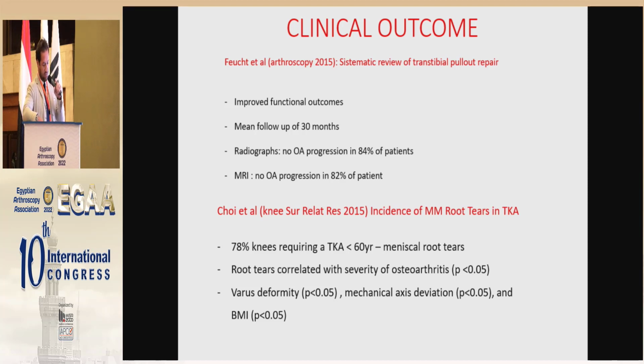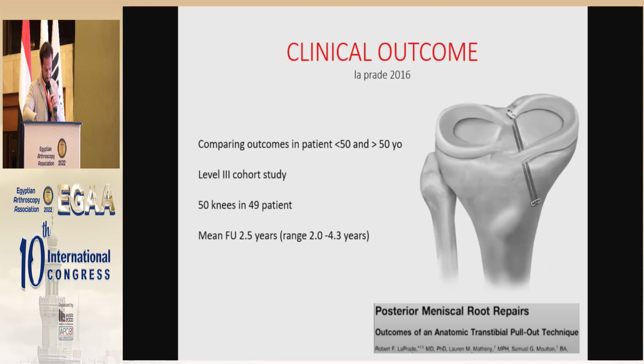In another work, Choi shows us that the incidence of medial meniscal root tears is over 78% in knees requiring a total knee arthroplasty before 60 years old. So root tears correlate with severity of osteoarthritis, varus deformity in the mechanical axis deviation, and BMI.